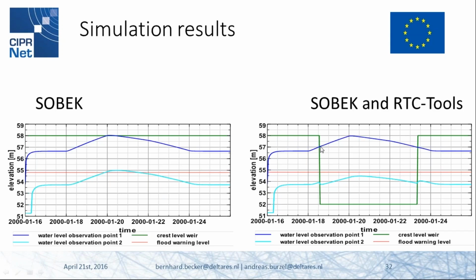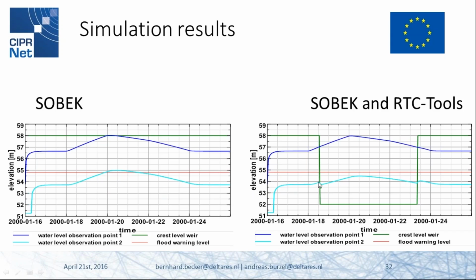If the water level is larger than 57, we open the weir, and if it's smaller than 57, we close the weir. This red line here is the flood warning level, and the light blue line is the water level at observation point 2. Now we are below the flood warning level, whereas in the uncoupled simulation the water level was above the flood warning level.